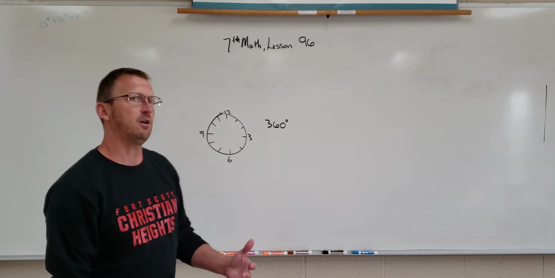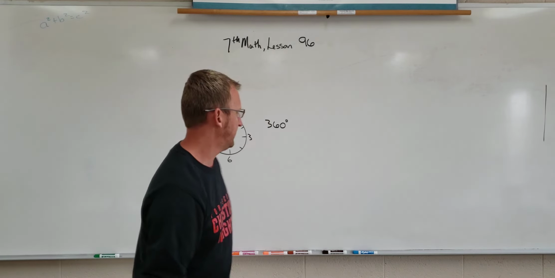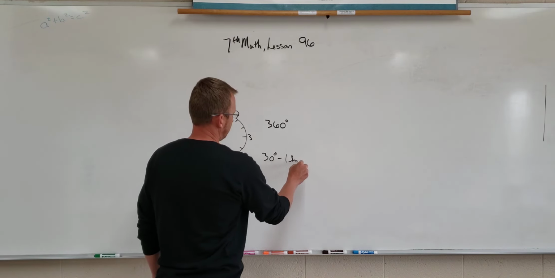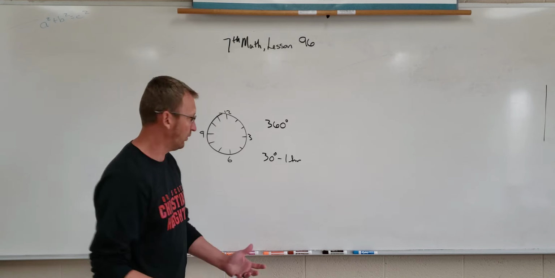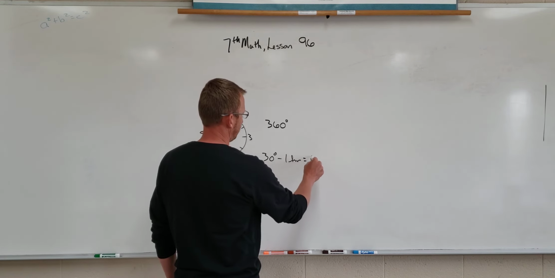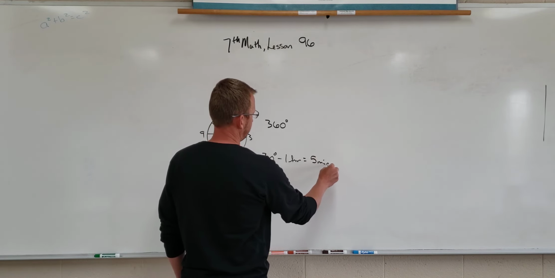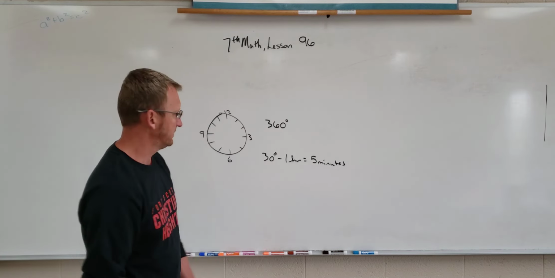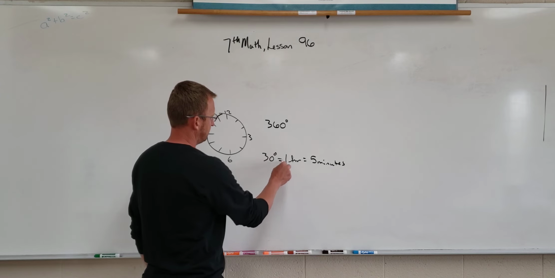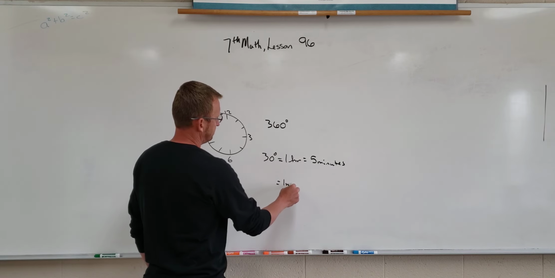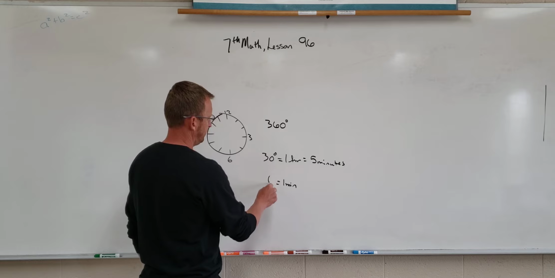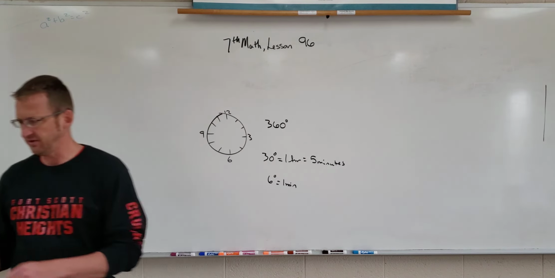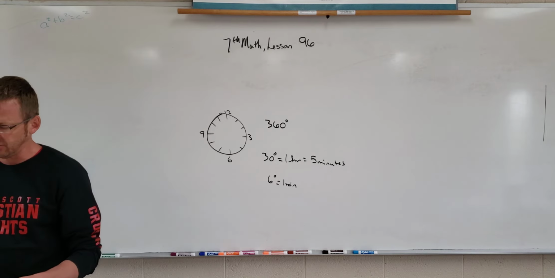If we look at the hours, 360 divided by 12 gives us 30 degrees for every hour, or 30 degrees for every 5 minutes. So if we do a little bit of math, we can figure out that 1 minute is going to be 6 degrees. So that's part of today's lesson, just estimating it.